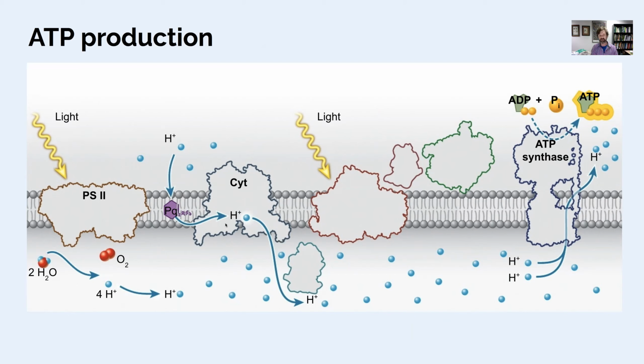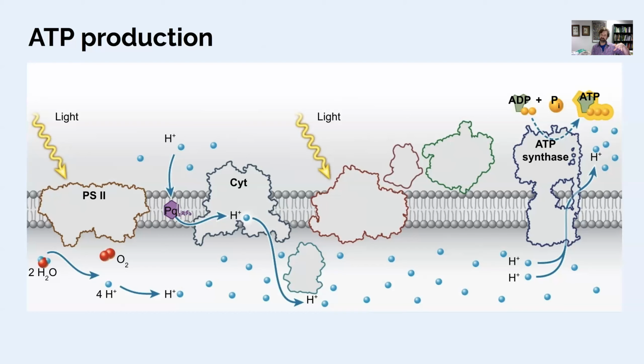So the electron energy we saw before is enabling the hydrogen ions to get pumped. And shown by the blue dots here, they become more abundant in the inner part. This is the lumen of the chloroplast. It becomes more densely packed with protons, and those have a positive charge. So one side of this membrane becomes more positively charged.